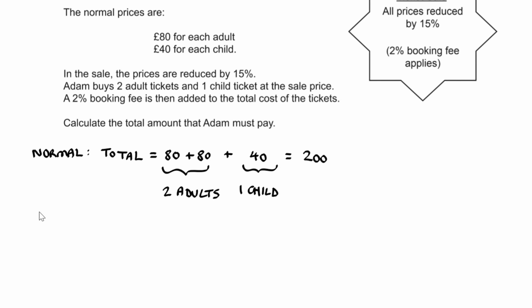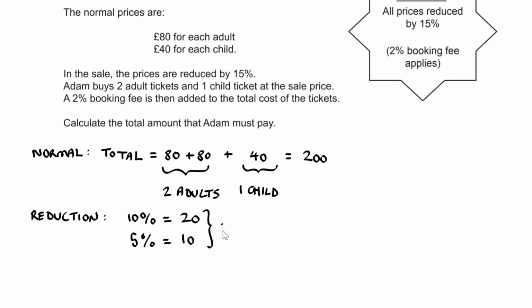And with the reduction, what we need to do is take 15% off the 200. Well, first of all, 10%, you'd find that to equal 20. 5%, you'd find that to equal 10.